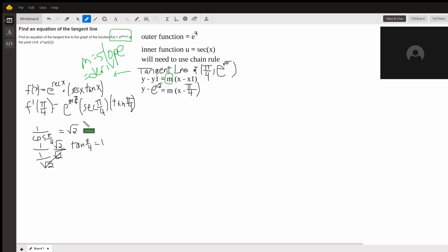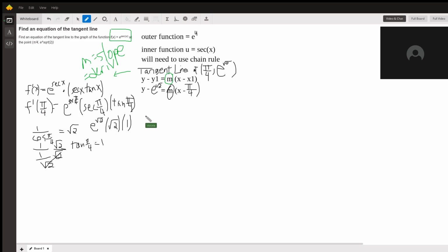So our derivative is e to the square root of 2, because that's what the secant of pi over 4 is, times the secant of pi over 4, which is the square root of 2, times the tangent of pi over 4, which is 1. And so we replace this slope with the derivative evaluated at pi over 4, which is the slope of the tangent line at pi over 4.